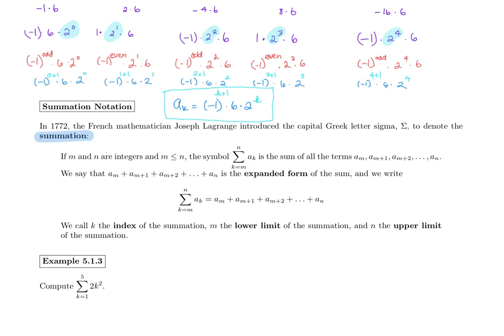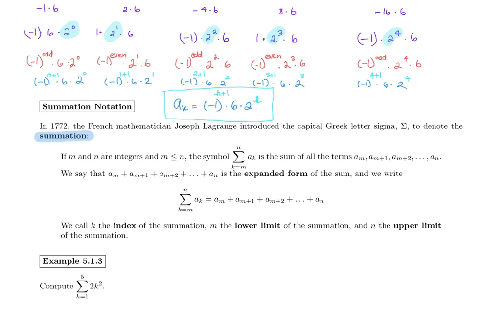And what it means is add everything up after the sigma. So in this case, what does ours look like? Well, we say if m and n are integers, where m is less than or equal to n, the symbol of the sum from k equals m to n of a sub k is the sum of all the terms a sub m, a sub m plus 1, a sub m plus 2, all the way up to a sub n.